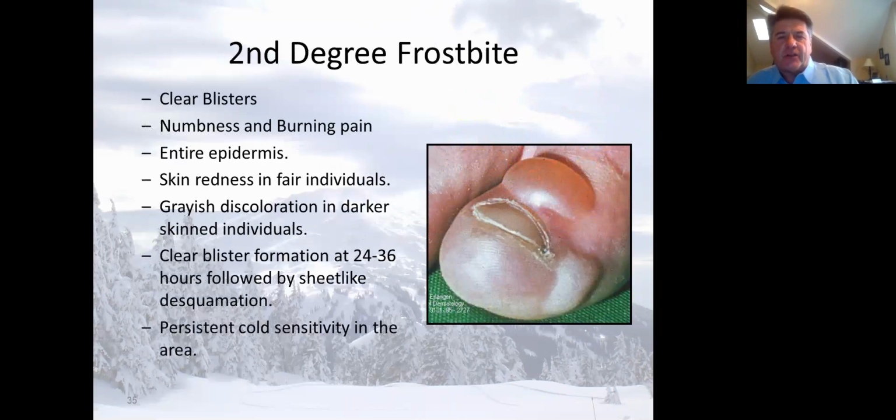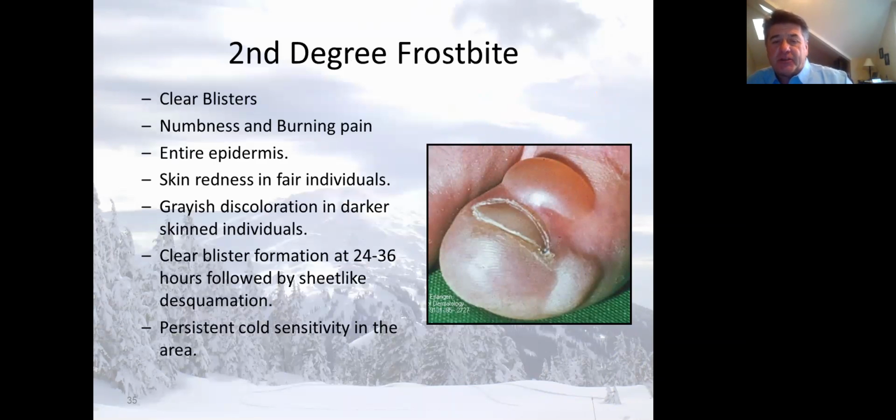Second degree frostbite, these are the clear blisters. There's some numbness and burning pain. The entire epidermis is affected. You get skin redness in fair individuals. You get grayish discoloration in darker skinned individuals. So if you have a black patient, their skin actually becomes gray or whitish gray.